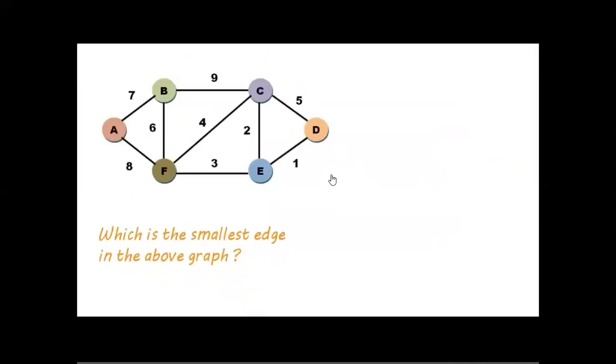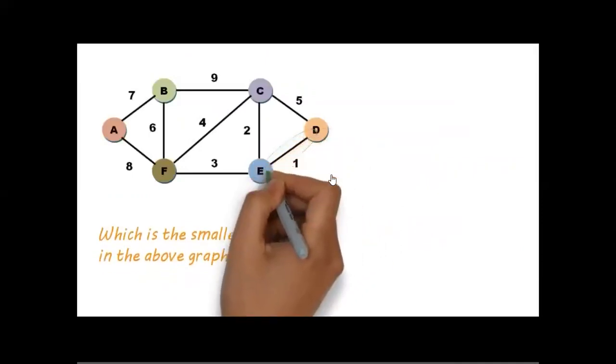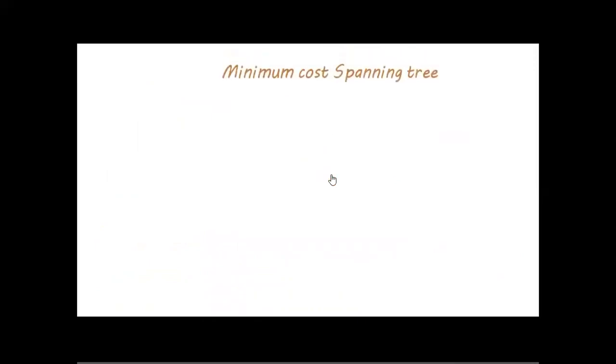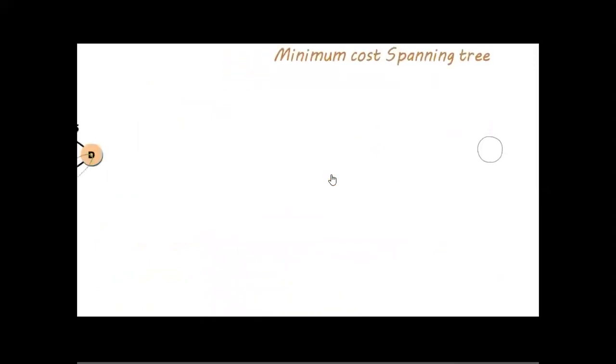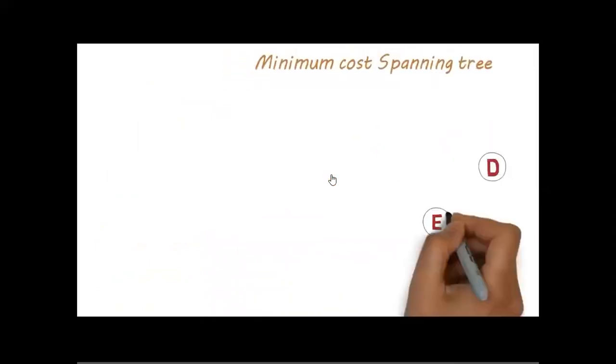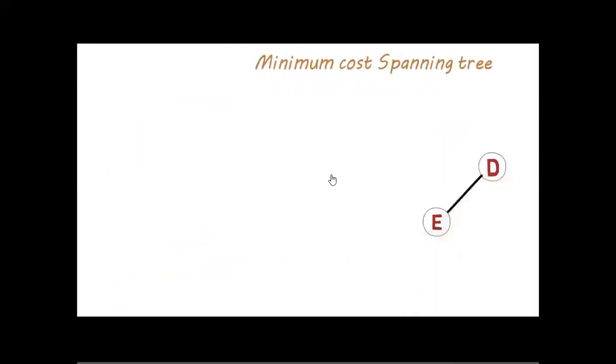So here D to E is the first minimum cost edge. So we construct D to E.